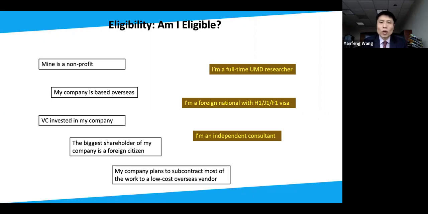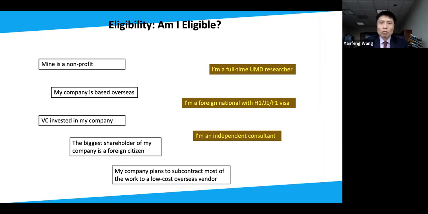We have many foreign nationals in our area doing research. They are either on a working visa like H1, or they are students on F1, or they could hold a J1 visa. You could be eligible to participate, depending on which agency and what program. Some agencies have more stringent requirements, such as security clearance.